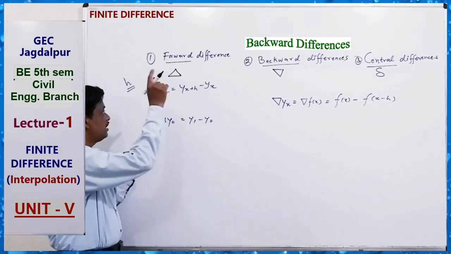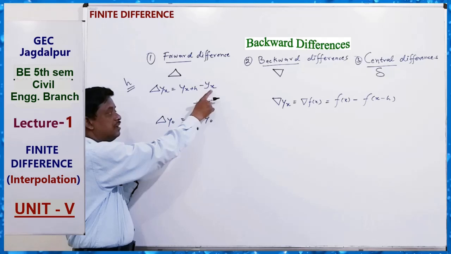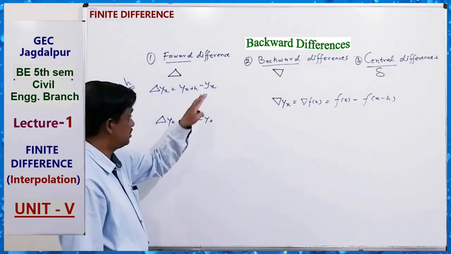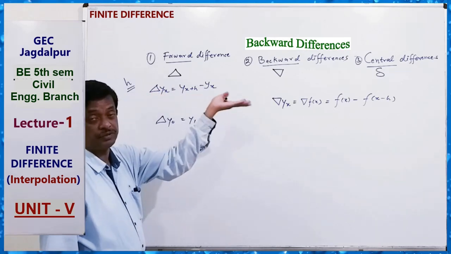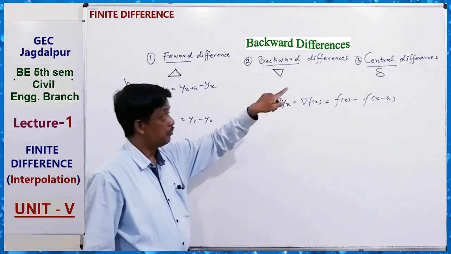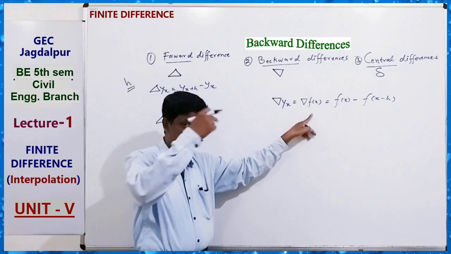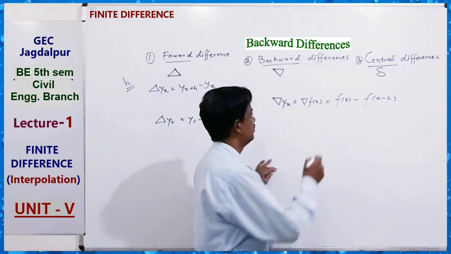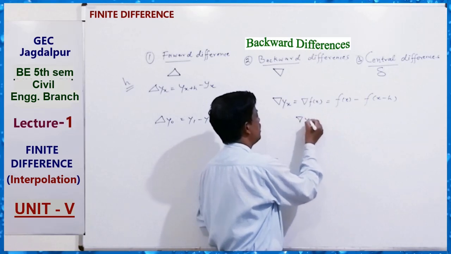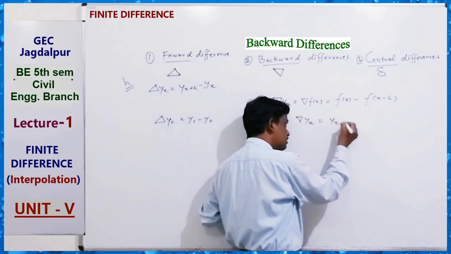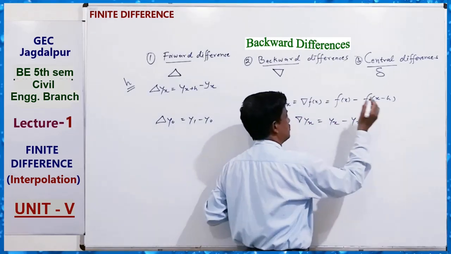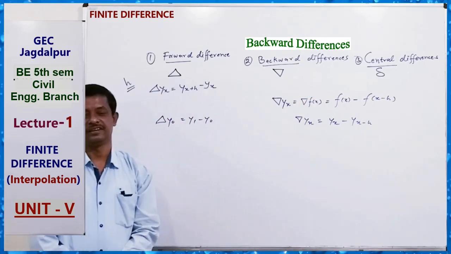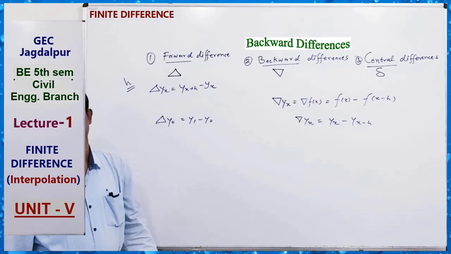So ∇y(x) equals y(x) minus y(x minus h). Clear? This is the backward difference.